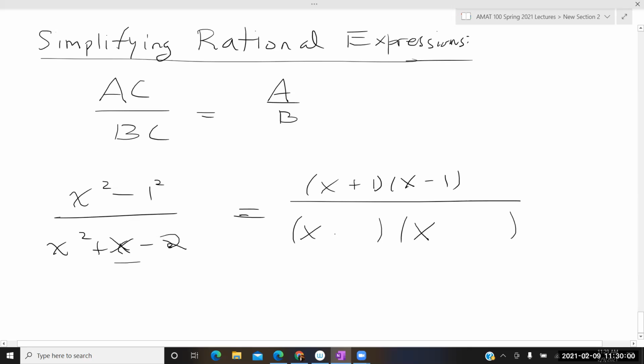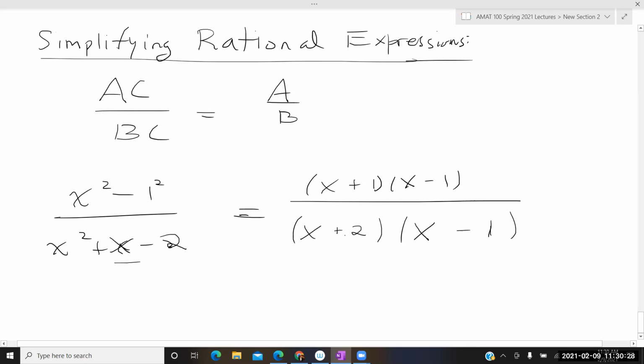If you think about this long enough, you'll see that it's going to be x plus 2 and x minus 1. If you FOIL this, x times x gives you x squared in the denominator. Then you have x times -1 and the 2x, so 2x minus 1x gives you that middle term of just x.